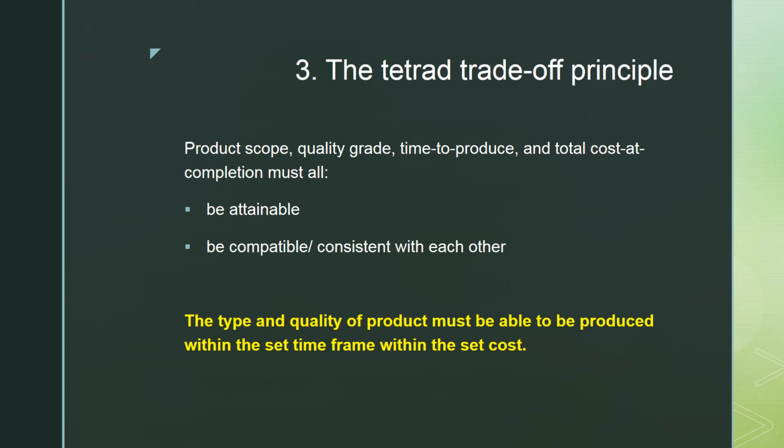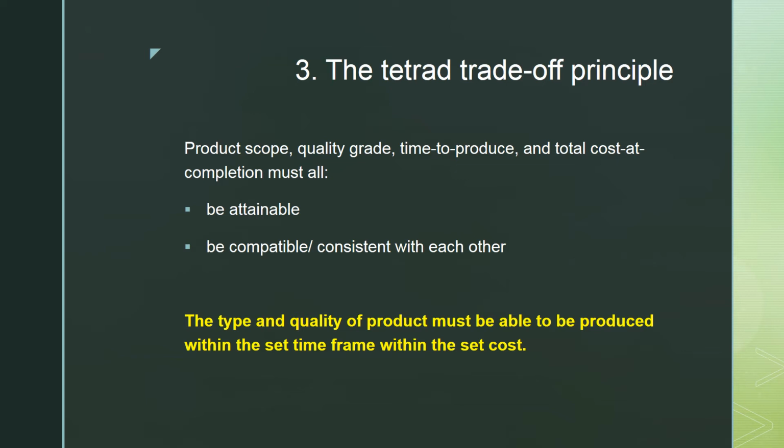There must be compatibility. There must be consistency between what you are hoping to achieve, the quality to which you're going to achieve it, and the time that has been set aside to produce that particular product, of the standard that you have set. By standard, I'm referring to quality.